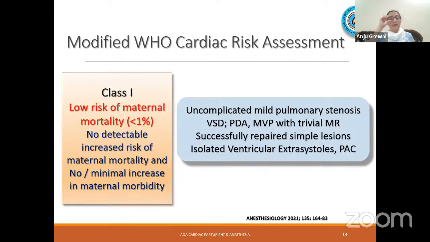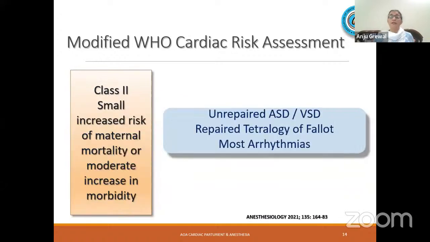If you look at this score, mothers who fall into class 1 have a low risk of maternal mortality, that is less than 1%, because it usually encompasses situations like uncomplicated mild pulmonary stenosis, a small VSD or a PDA or a mitral valve prolapse with a trivial MR, and maybe some successfully repaired simple lesions. So these mothers fall into a low risk category for maternal mortality and morbidity.